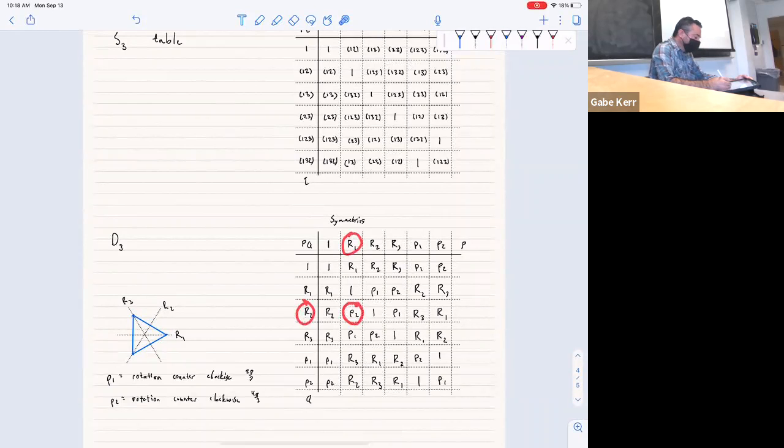I get R2, a rotation counterclockwise or clockwise of 120 degrees. If I go R2 times R1, I get R1. If you want commutativity, the whole multiplication table should be symmetric about the diagonal. So this one is not.